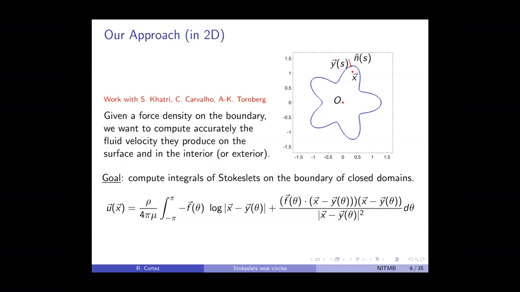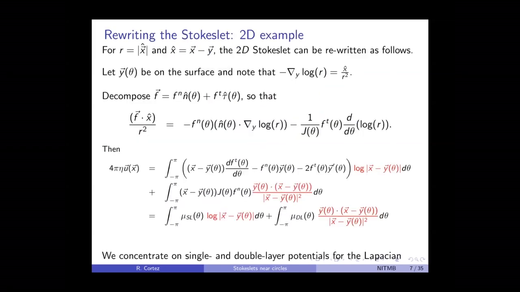But it turns out that one can write the Stokeslets as single and double layer potentials for the Laplacian. So for example, if we integrate around the boundary, then we can do some integration by parts. The forcing can be separated into a normal and tangential component along the boundary, and so forth.